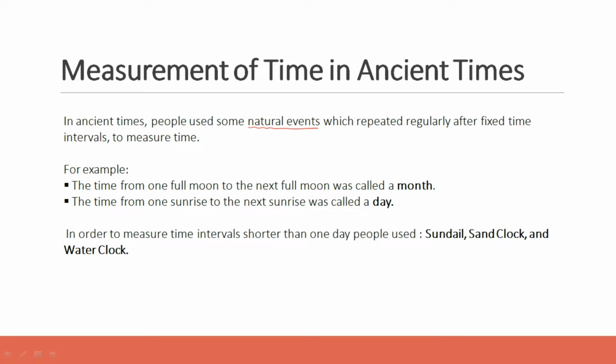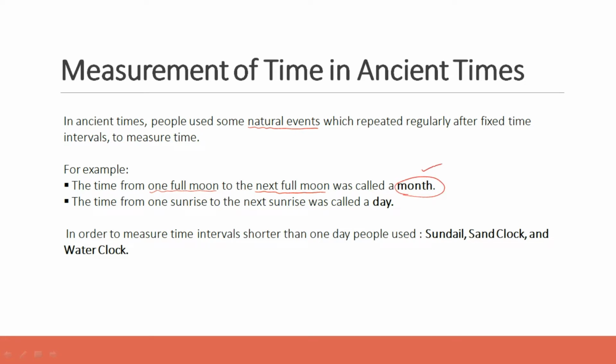So here are two examples to understand this topic. First one, we all know that the time from one full moon to the next full moon, this is the time of 1 month, right?